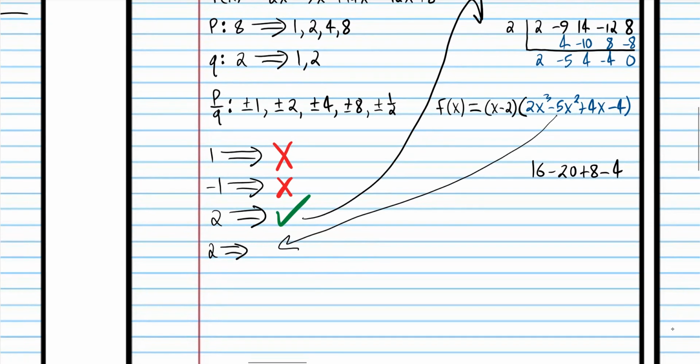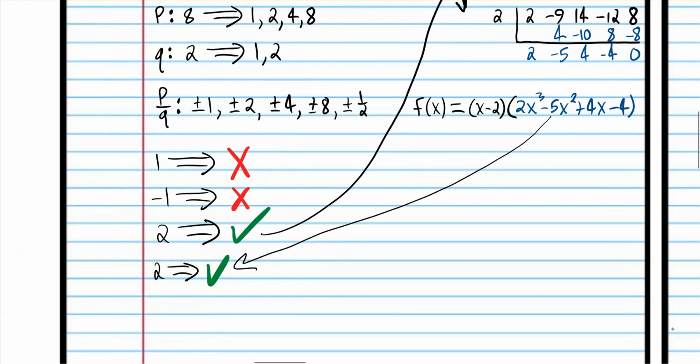If we plug in 2, we get that. And it actually worked. We got 0. If you add all those up, you get 0. So 2 actually worked twice. So we tried it again, it worked again. So that means we're going to divide that blue expression.